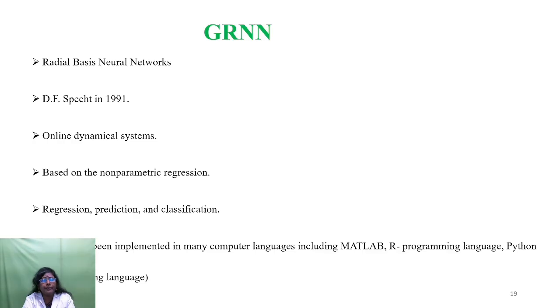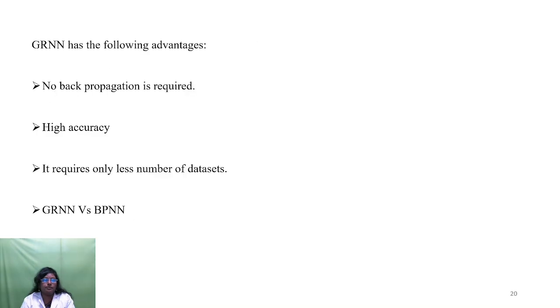And we can implement this GRNN in MATLAB software and R programming, and it is also suitable for Python programs. So that is very user friendly and easy to implement, and we can evaluate the voltage profile with fewer iterations, quicker iteration and less computational time by using this AI, that is GRNN, generalized regression neural network.